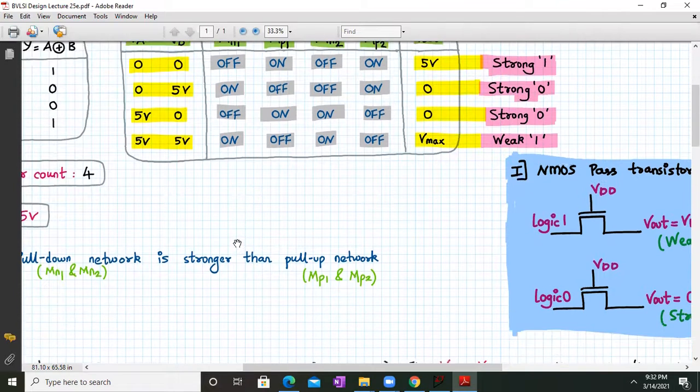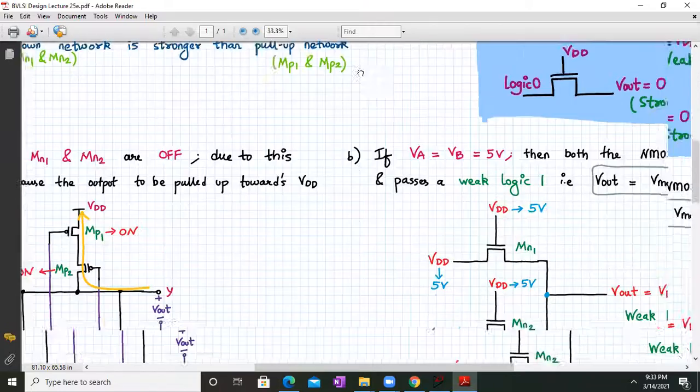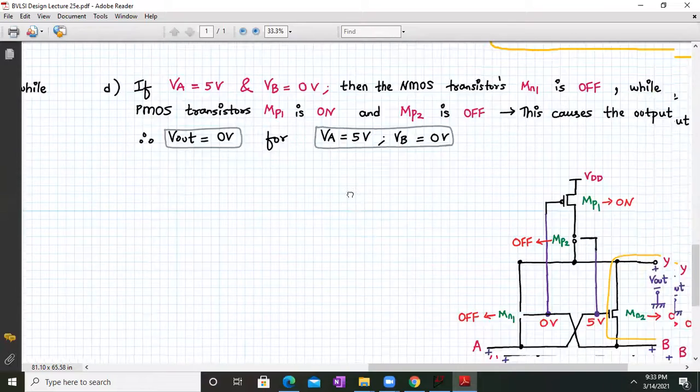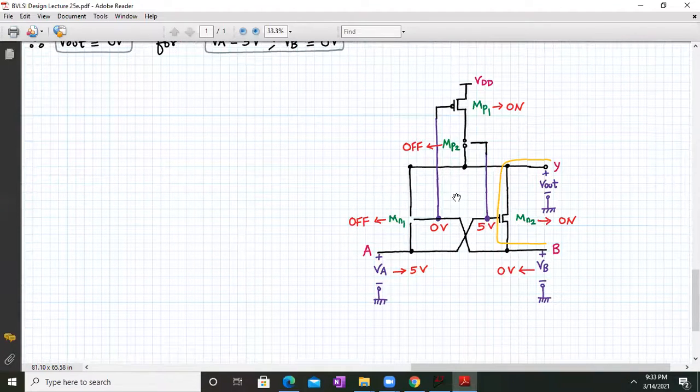So the last case will be 5 volt and 0 volt. Let us check that. Yeah, VA is 5 volt, VB is 0 volt. So it is very straightforward over here. In this case, we have VA as 5 volt, so that will make the MN2 NMOS transistor on. And since VB is 0, it is applied to the gate of MN1, making it off.